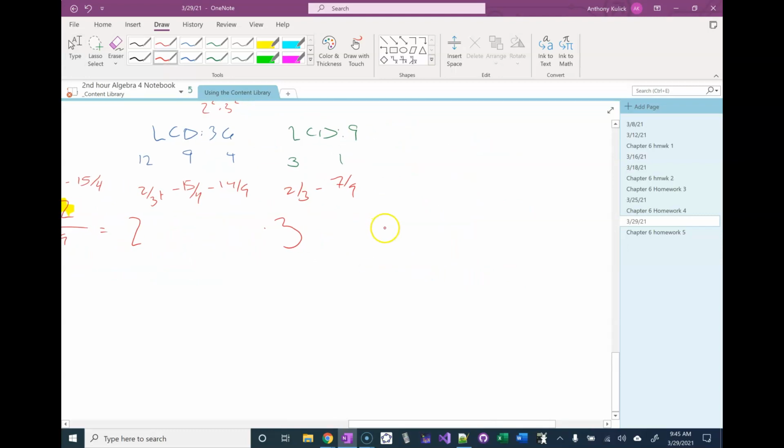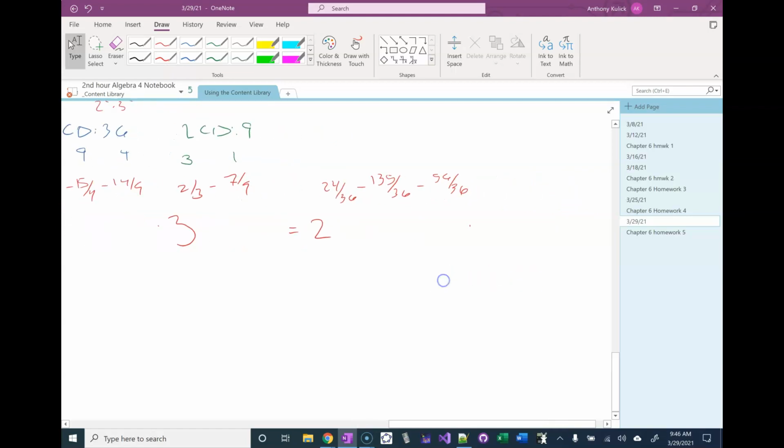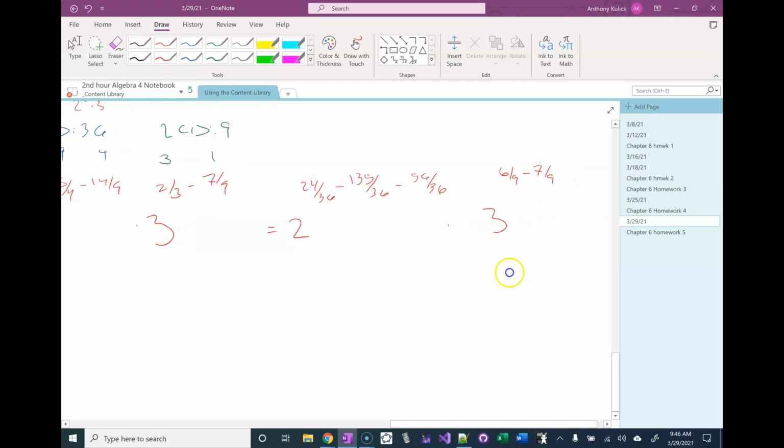Let's keep on going then. So that's going to be 2 to the 24 over 36 minus 135 over 36 minus 56 over 36, times 3 to the 6 over 9 minus 7 over 9.